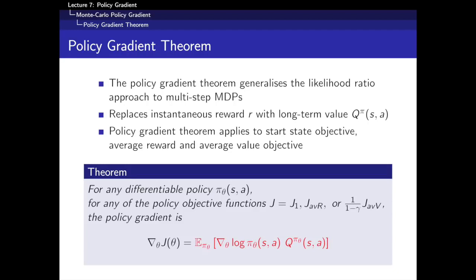That's just to formalize that, which is to say that if you start with some policy, then for any of those objective functions we considered earlier, the start state, the average reward, the average value, the policy gradient is basically given by this thing here, which is some expectation over the score function multiplied by the action value function, Q. So it basically tells you, again, how to adjust the policy so to get more or less of that particular action, multiplied by how good that particular action is in expectation.